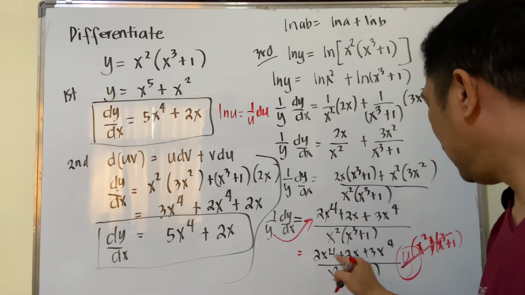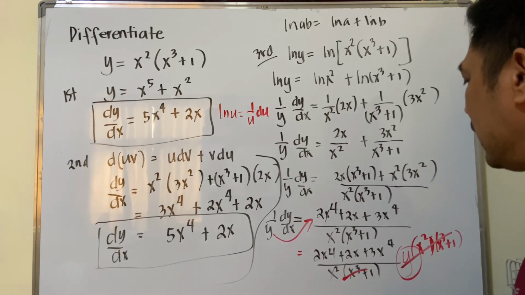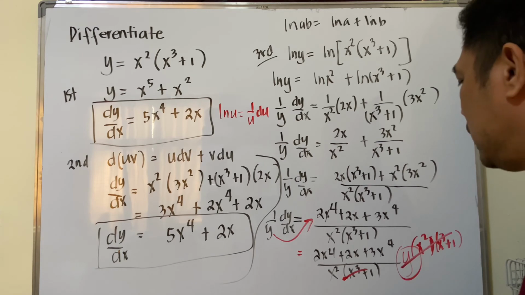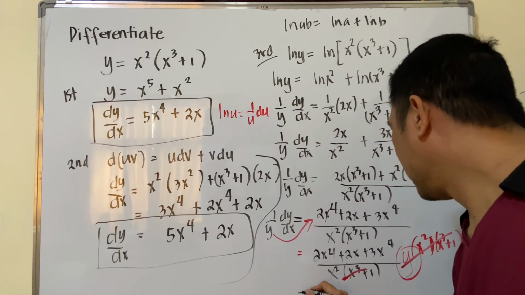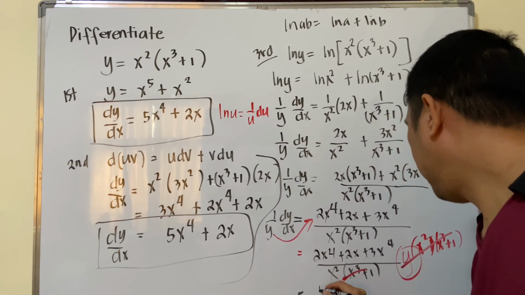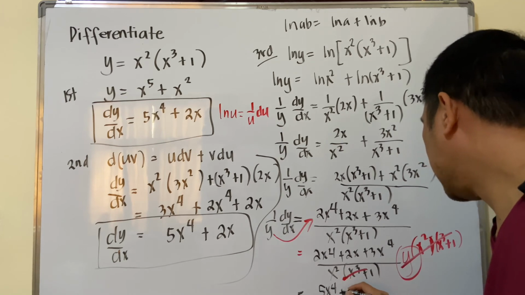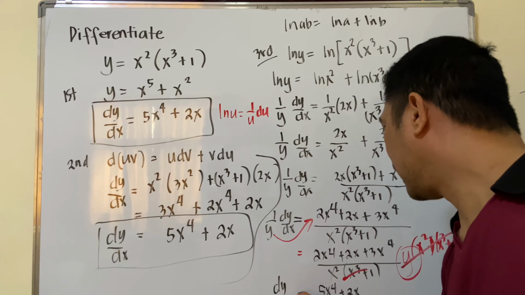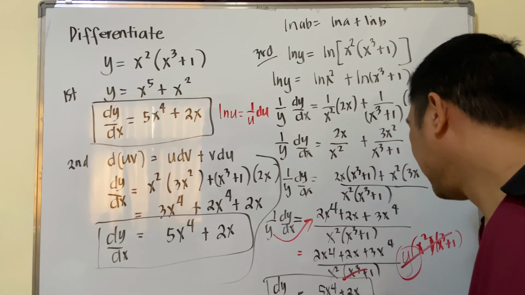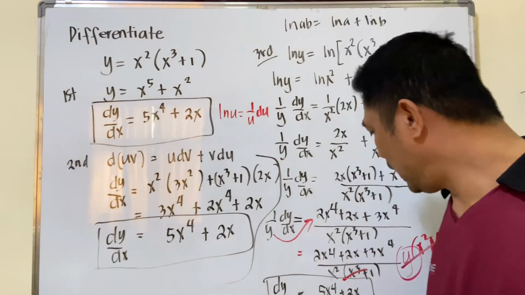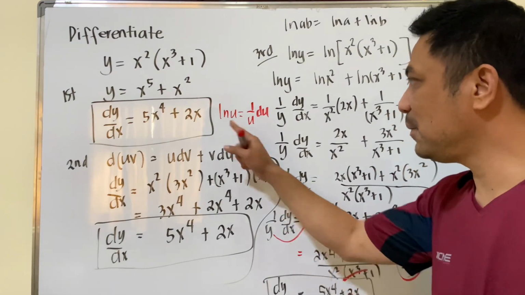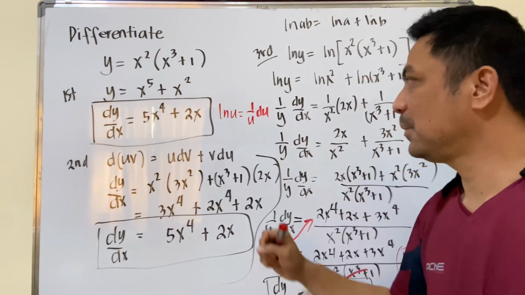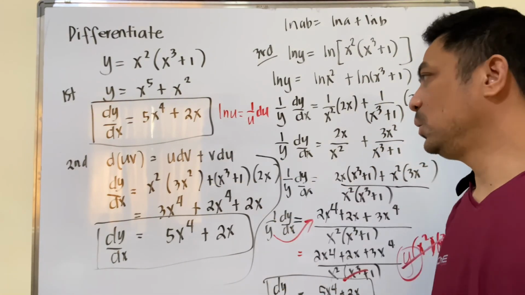In the end, if you simplify this, you will get 5x to the 4th plus 2x. So dy over dx, in the end, we arrive with the same answer, 5x to the 4th plus 2x.